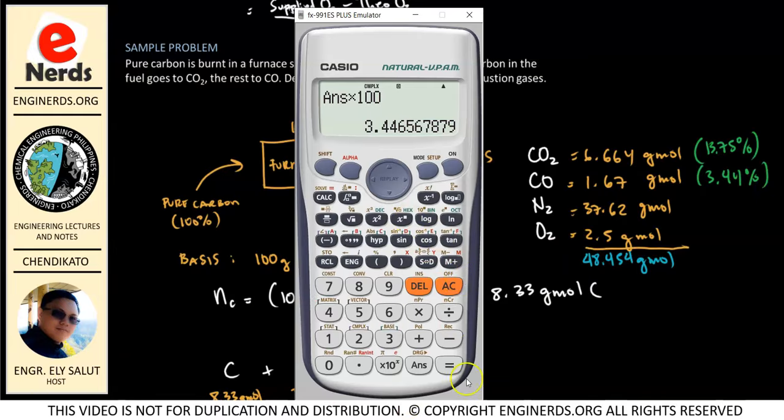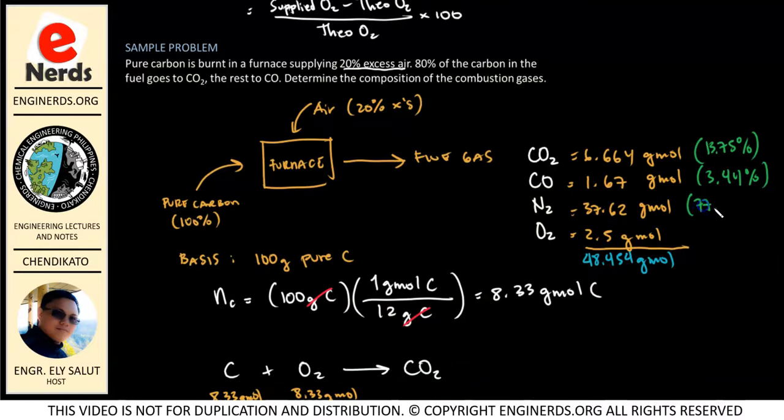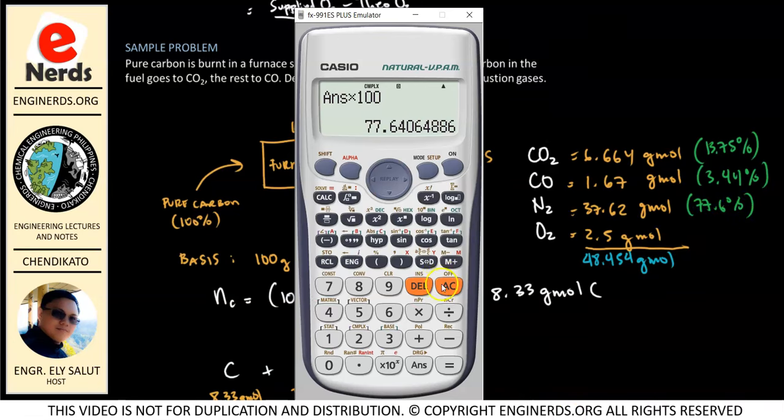And then, para naman sa N2, 37.62 divided by 48.454 times 100. We have 77.6. And then for O2, we have 2.5 divided by 48.454 times 100. We have 5.16%.